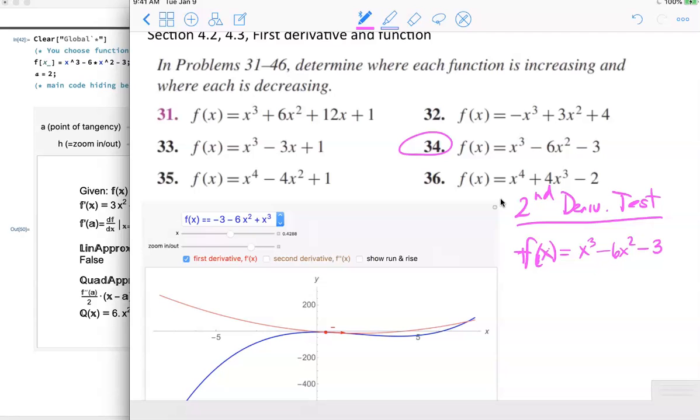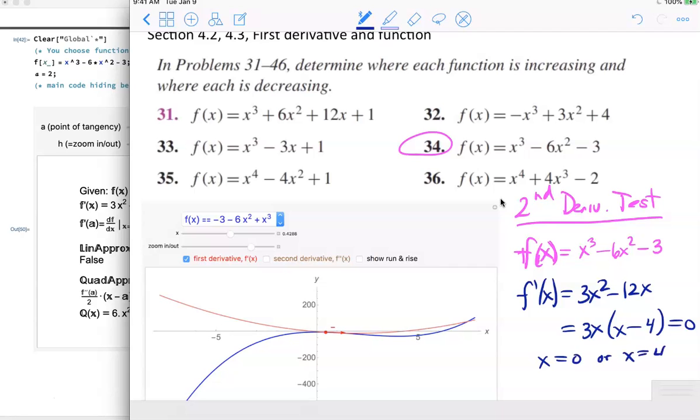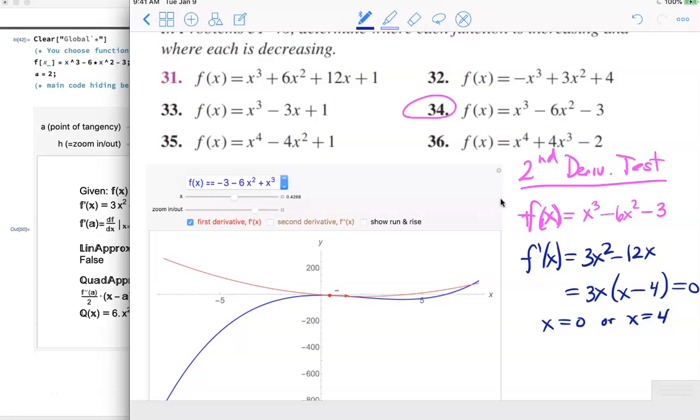So what you need to do is find f prime of x and find the critical values of the function. We can factor this as 3x times x minus 4. And when you set that equal to 0, x comes out to be 0, or x comes out to be 4. As we knew in this problem, there were two critical values.